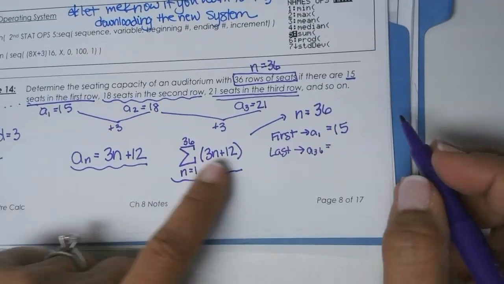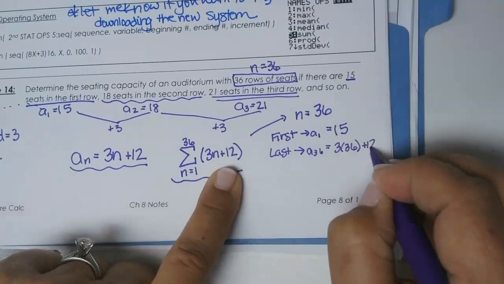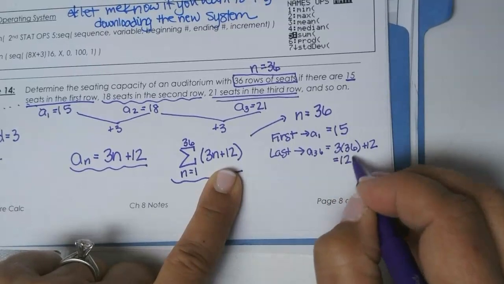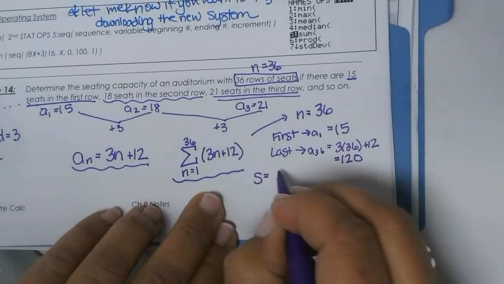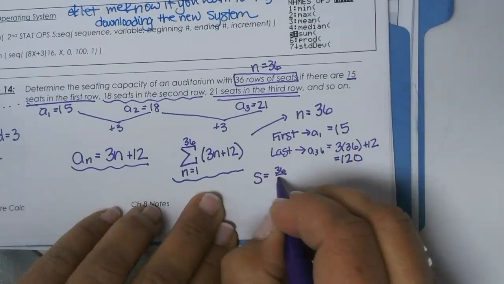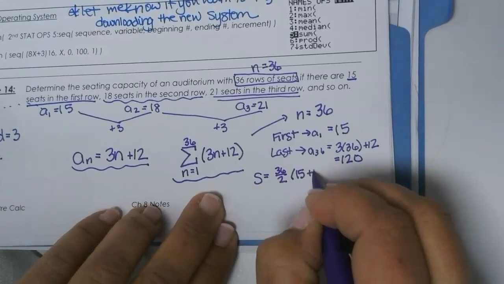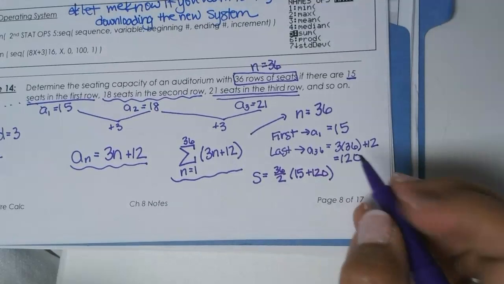So we can use the rule 3 times 36 plus 12. So 108 plus 12 is going to be 120. Okay. So to find my sum, I'm going to take 36 over 2 times 15 plus 120. The first term I care about plus the last term I care about.